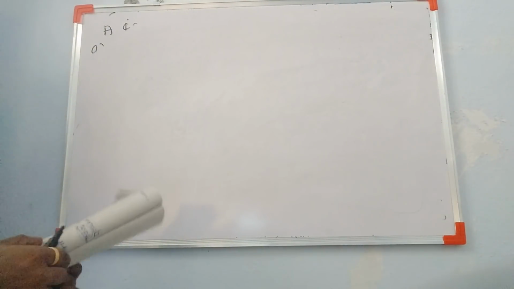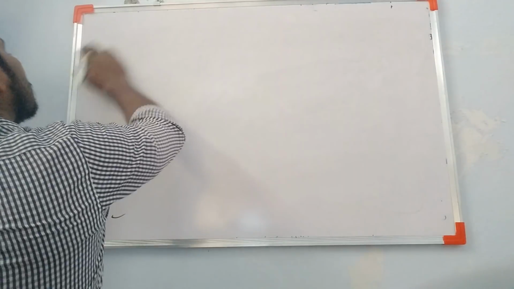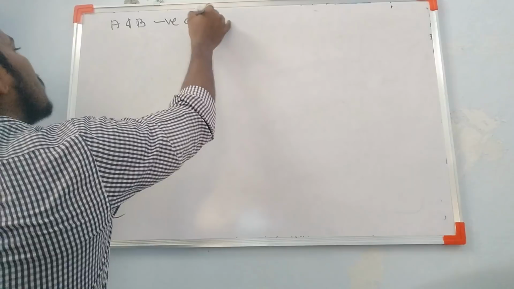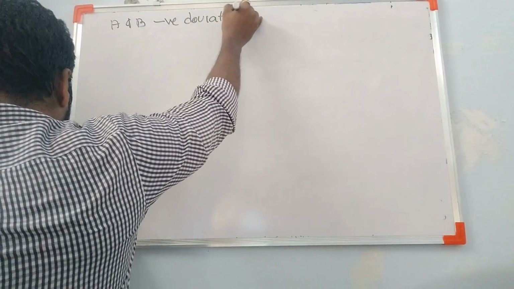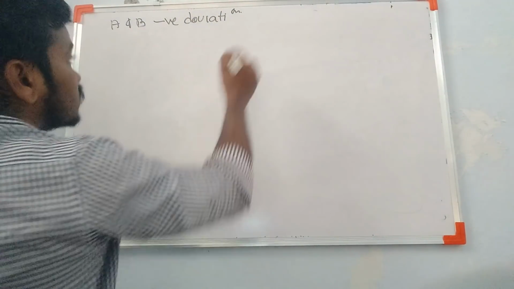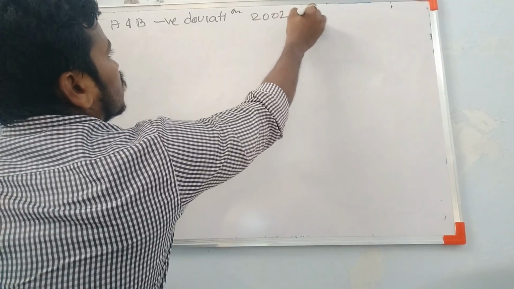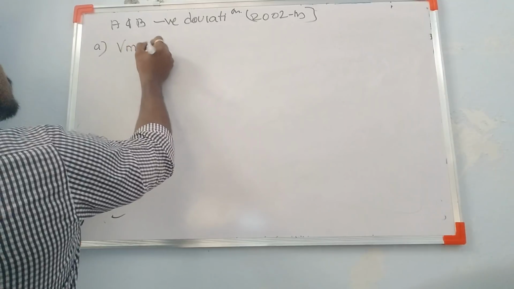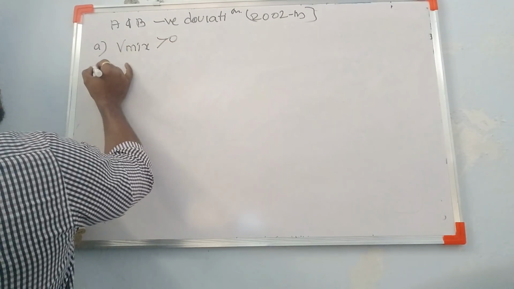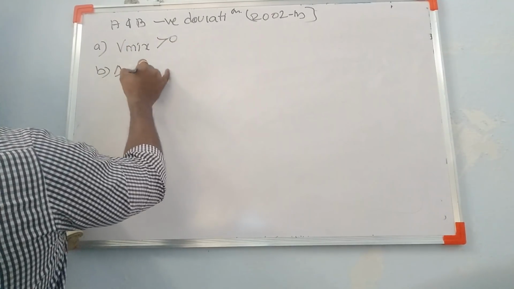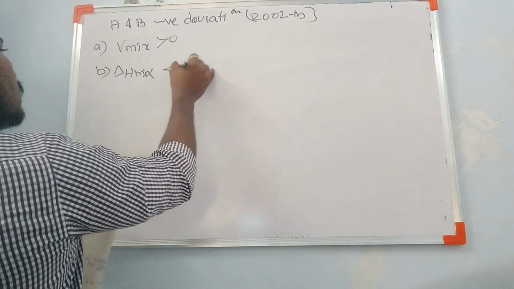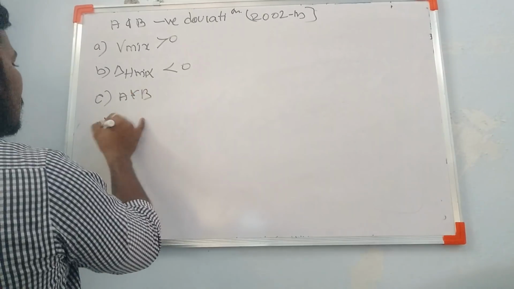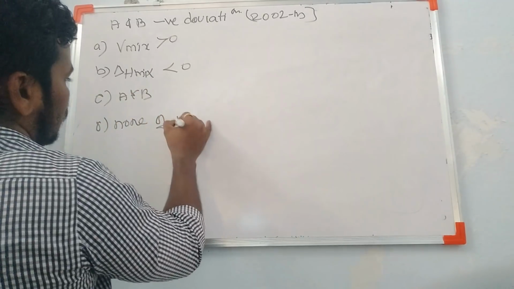If the mixture of A and B shows negative deviation from Raoult's law, these questions were asked in the 2002 mains. Options are given: delta V mix greater than 0, delta H mix less than 0, A and B, D none of the above.